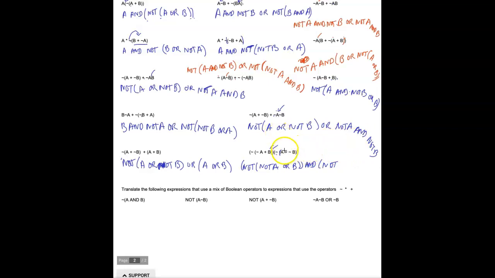That not is very different from this not. So we have a not, A plus, which is or, not B. Two right parentheses. Now these are sloppy.